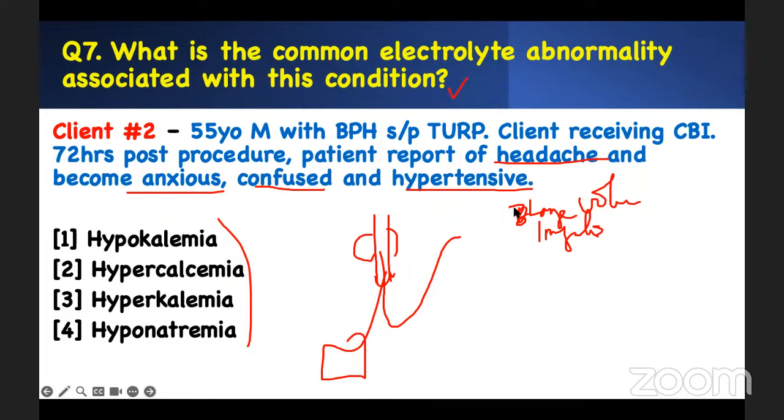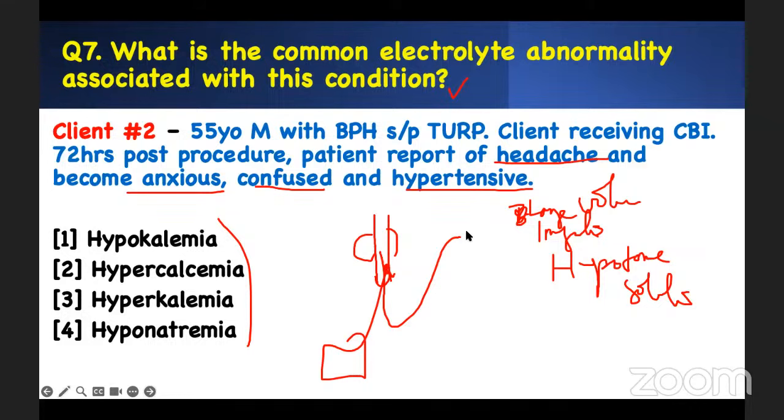So when you use the irrigation fluid, we can't give you salt. So most of it is a hyponatremic or hypotonic solution. That's the easy way, a better way so that you can understand. We usually use hypotonic solution to irrigate.